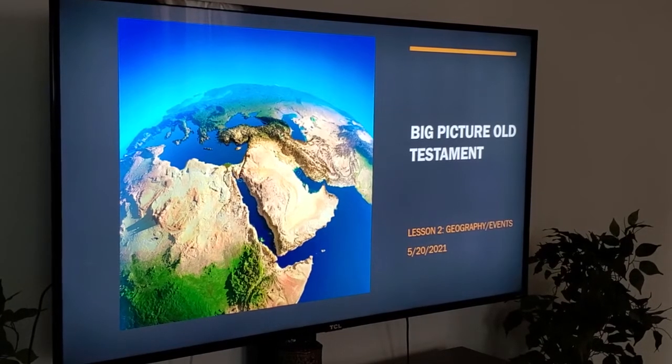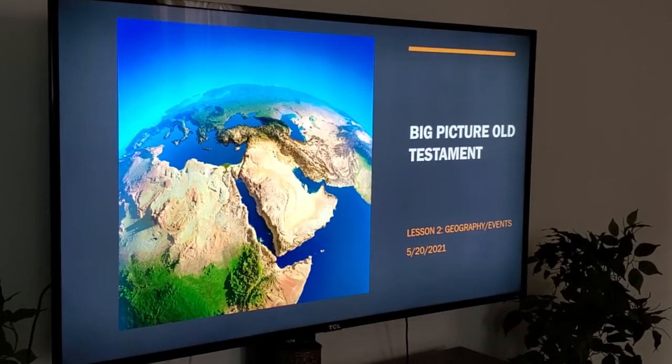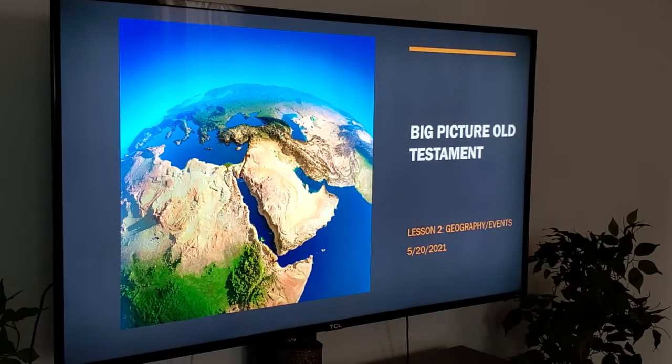We'll hit the high points, and I'll get a chart up eventually for everyone where you can match up the event, the location, the central figure, and then maybe an application or some way to help you remember it. We'll go through all of those, and hopefully by the end of this you'll have a good overview of the Old Testament.